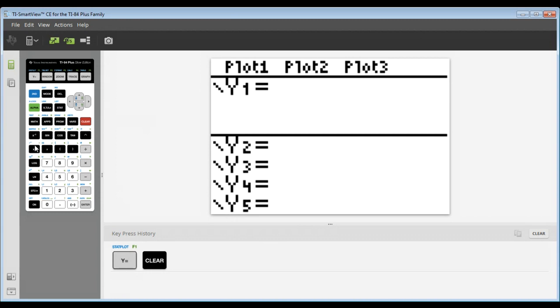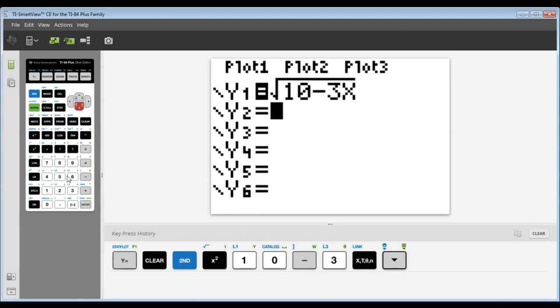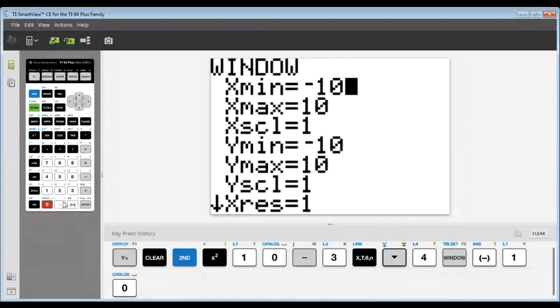So we're going to do second, square root, 10 minus 3x. And then you go down, you go to 4. Okay, now I'm going to go look at my window, and then let's say that I create a standard window. Let's see what we get from that. So graph.